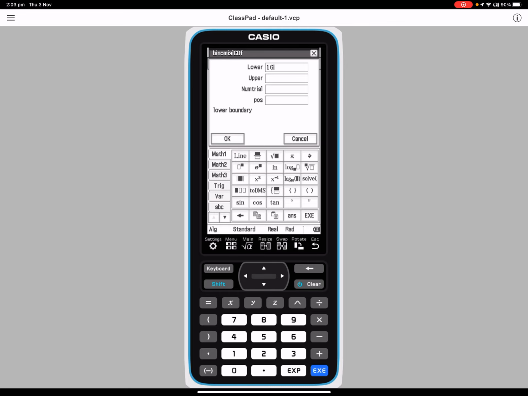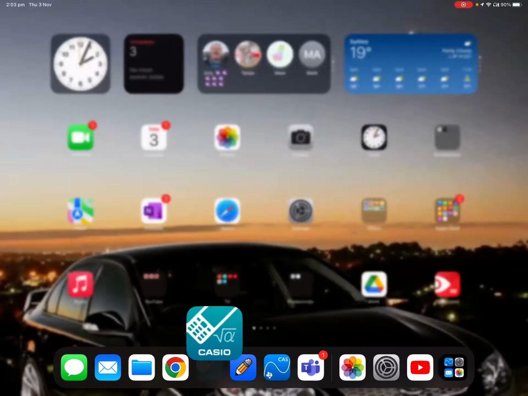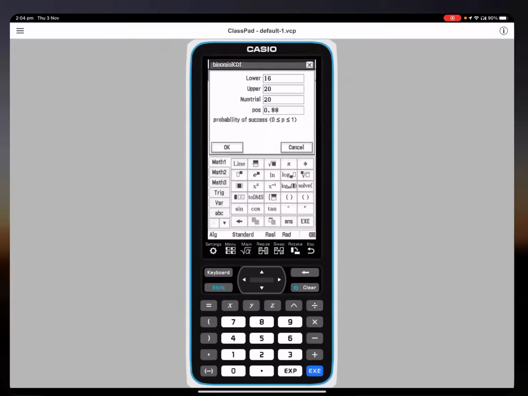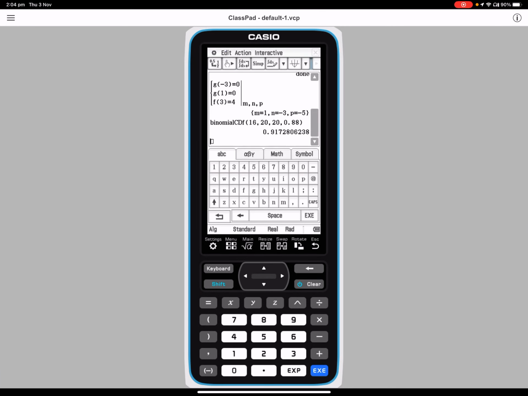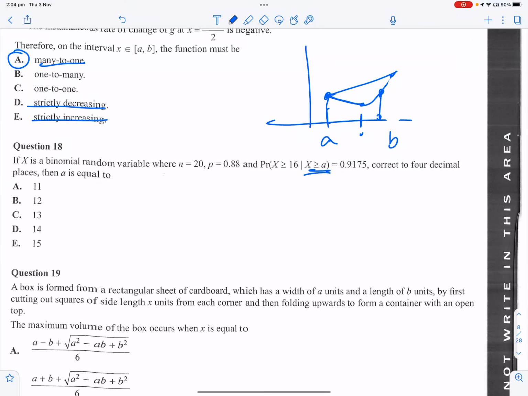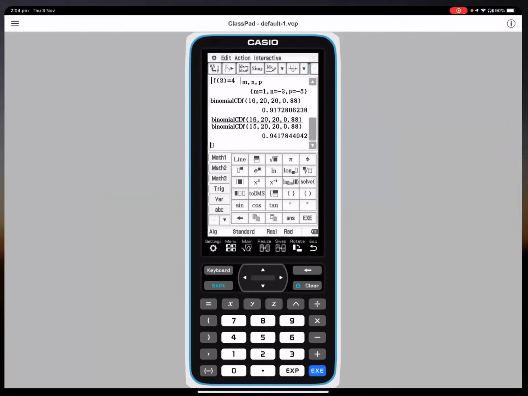Binom CDF, 16 to 20, 20 and 0.88. We get that. If we divide it by 15.949175.